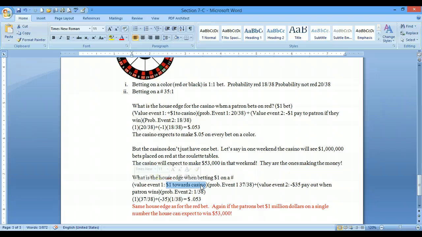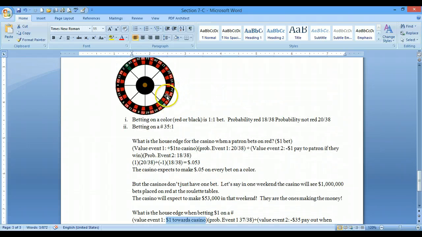The probability of you as the casino getting that money, let's see, do you remember there are 18 reds, 18 blacks, and one green, or one double green, a 0 and a double 0, so 2 greens. That all adds up to 38.